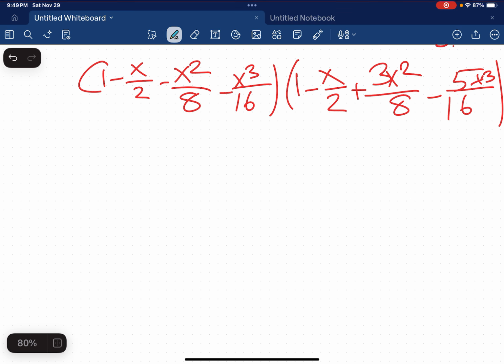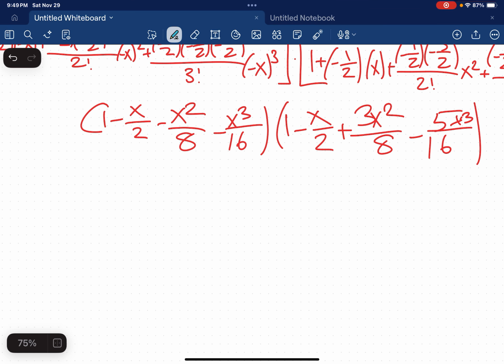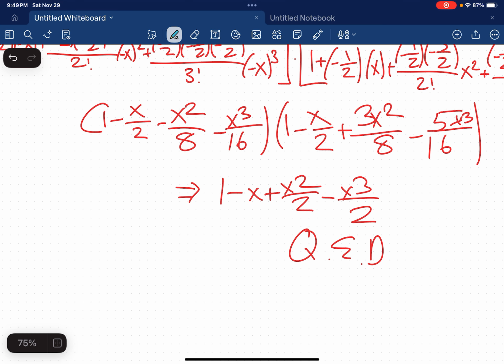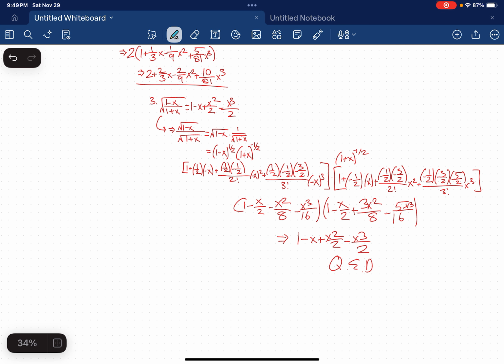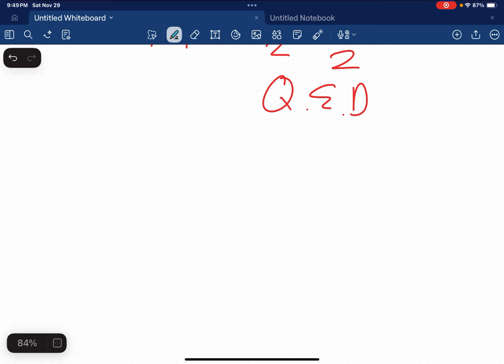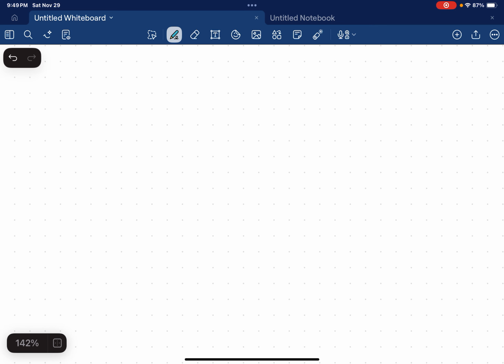It's just basic algebra, but that'll take forever. And we know that's just going to equal 1 minus x plus x squared over 2 minus x cubed over 2. Okay, I kind of feel bad for not doing it now, because 10 years from now, some kid's going to be like, no.